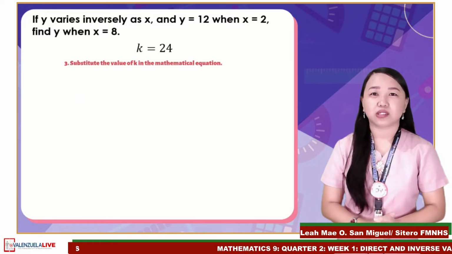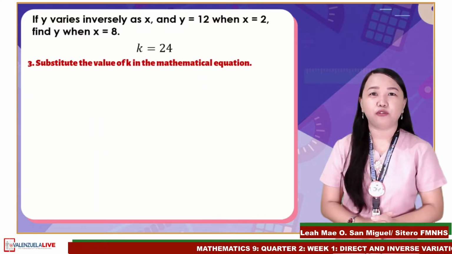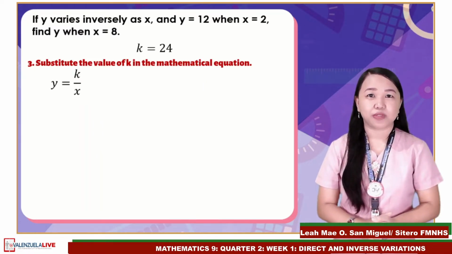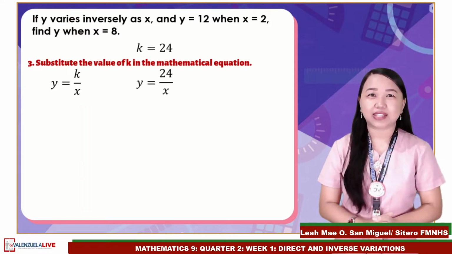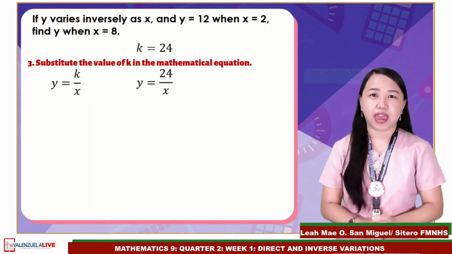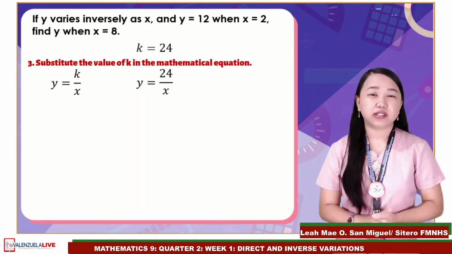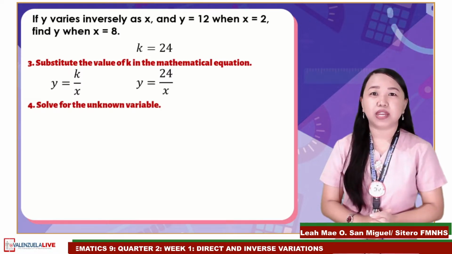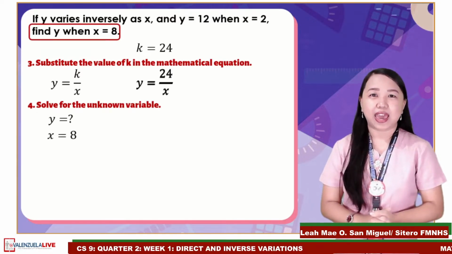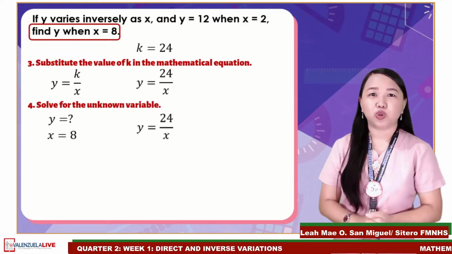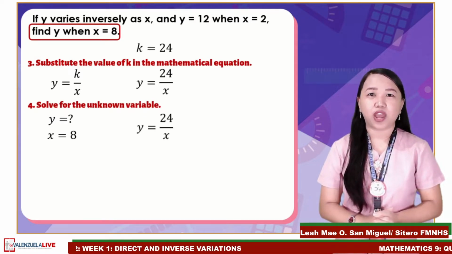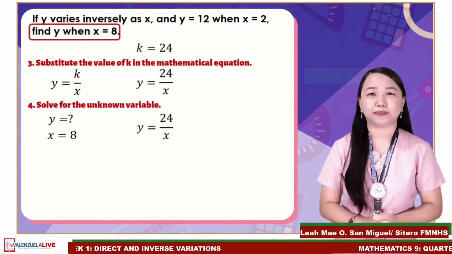Then, substitute k equals 24 to y is equal to k over x. That is, y is equal to 24 over x. Afterwards, solve for the unknown variable. We use the remaining given, which is x is equal to 8, to the new mathematical equation y is equal to 24 over x.